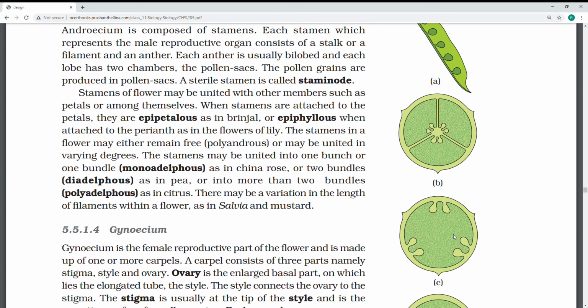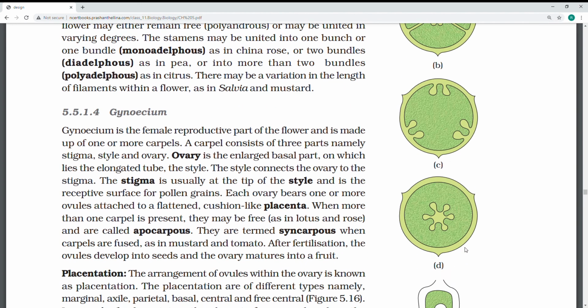In parietal placentation, the ovary is one chamber, and ovules are attached to the inner wall of the ovary, not the central axis. You can write: inner wall. Examples are papaya, mustard, melon. All these come under parietal placentation.